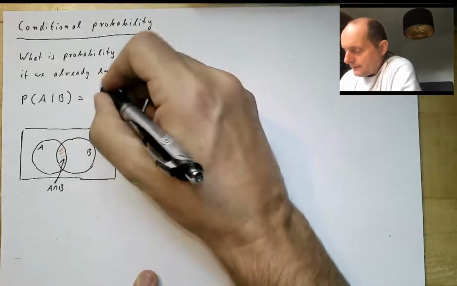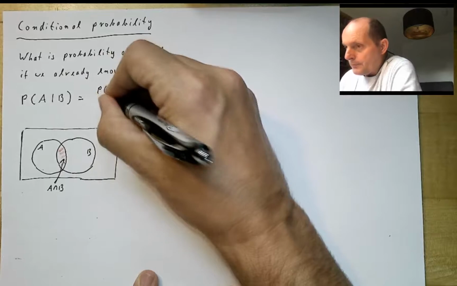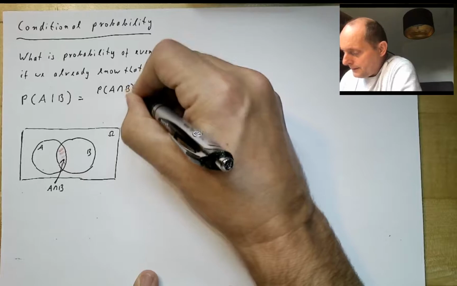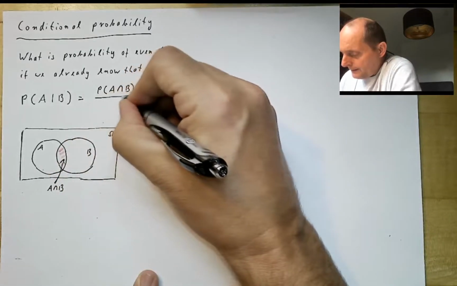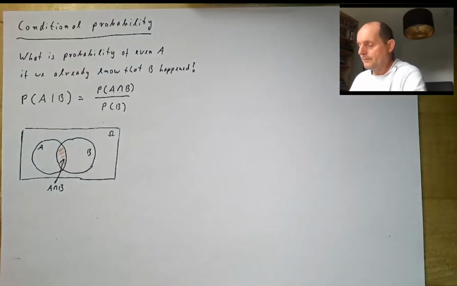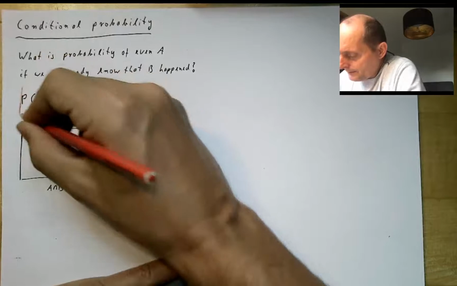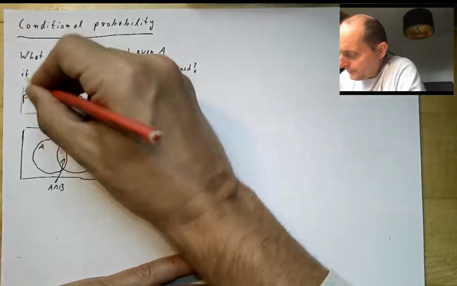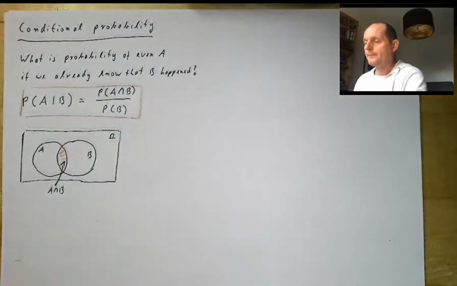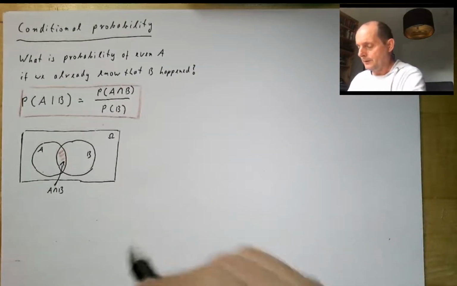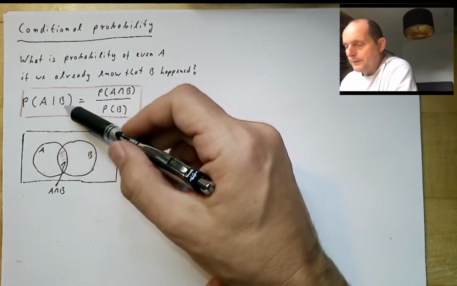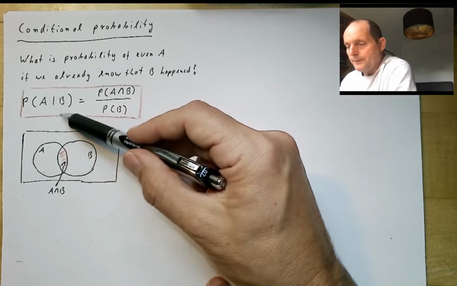So the probability is the probability that A and B happened, divided by the probability of B. That's the rule to calculate the conditional probability. And you can easily show this is really a probability, because it is bounded between 0 and 1.